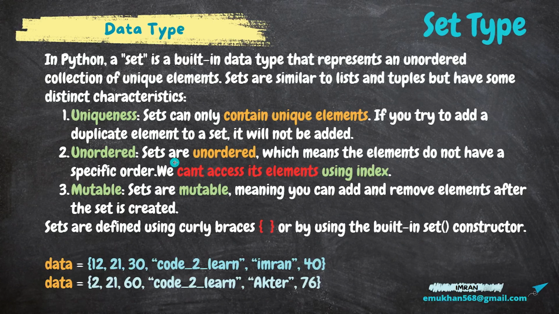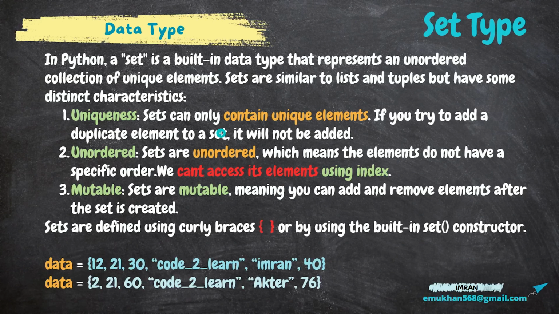Unordered. In case of list, it will maintain an order, but sets are unordered, which means the elements do not have a specific order. So accessing elements in case of set is not possible. It is unordered, so we cannot access it.